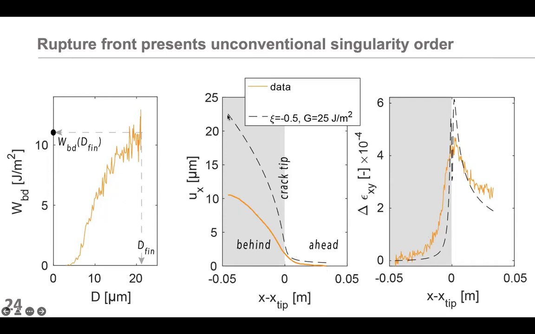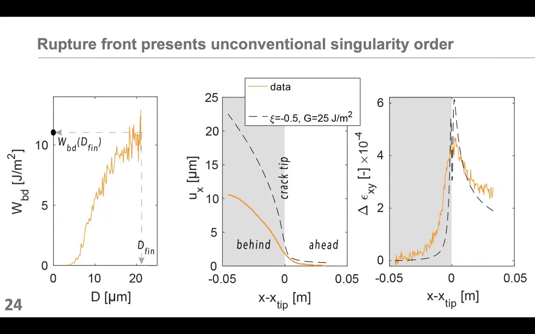And the important thing also is that the best solution for the fracture energy that we get from the best fit is much larger than the final value of breakdown work that we measure experimentally. That is here about 12 joules per square meter, where you can see that the best solutions have values that are twice larger.